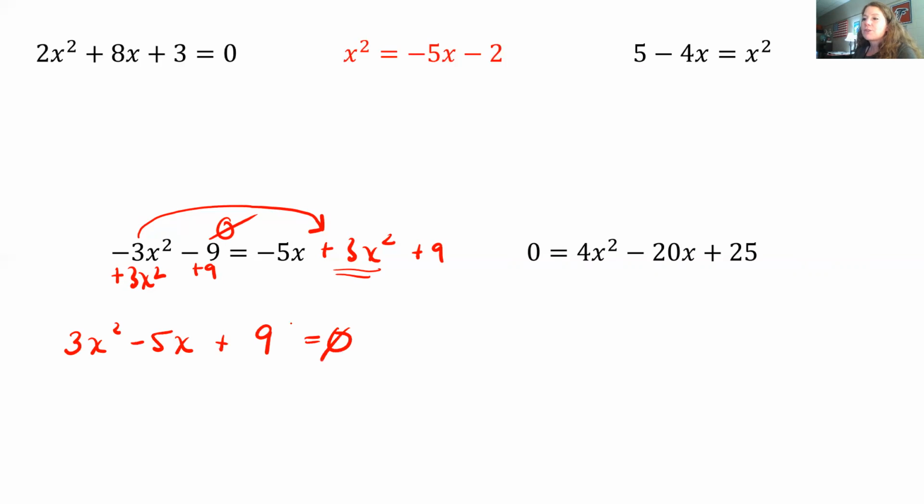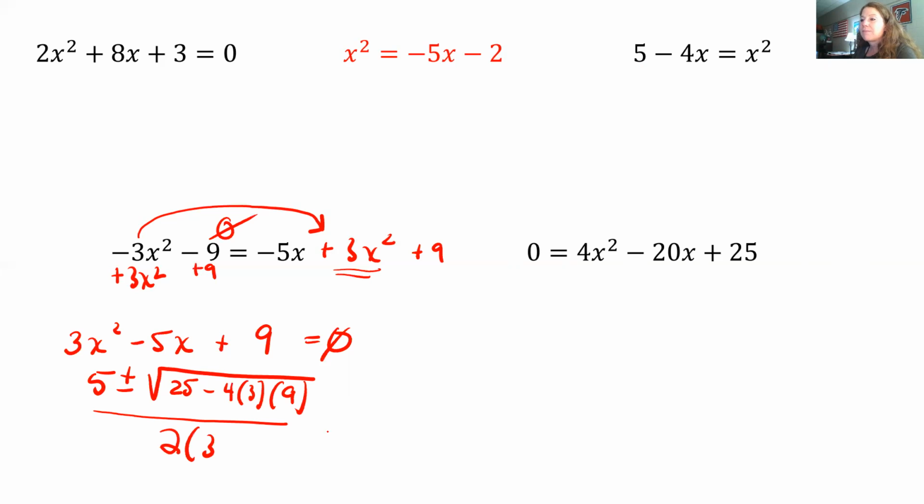So since I'm using the quadratic formula, the opposite of -5 is +5, plus and minus the square root of 5 squared minus 4 times a times c, all over 2a.